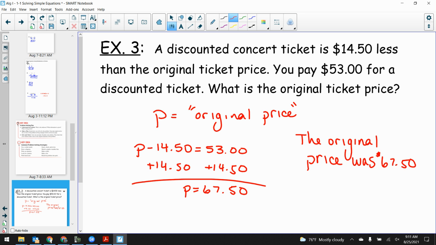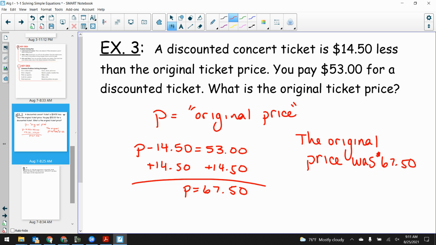That's the answer, right? P equals 67.5 is not the answer to the problem. What was asked? What is the original price? That's what I want back out again. You know, we're not computers, we're people. We can put it back into context and really explain what it means.